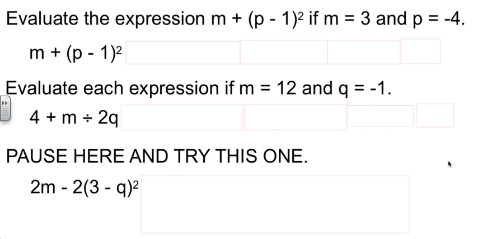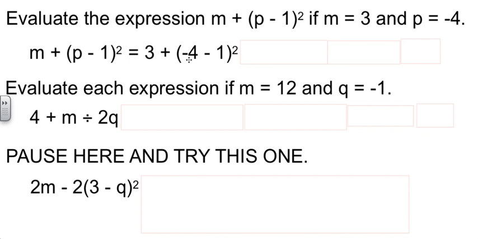So we are evaluating the expression m plus the quantity p minus 1 squared, if they tell me that m is 3 and p is negative 4. The first thing we need to do is plug in the values for the variables. So in place of the m, I substituted a 3.